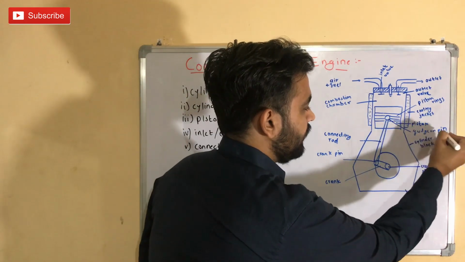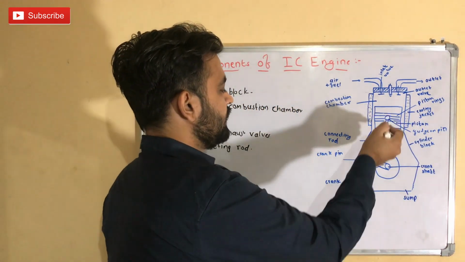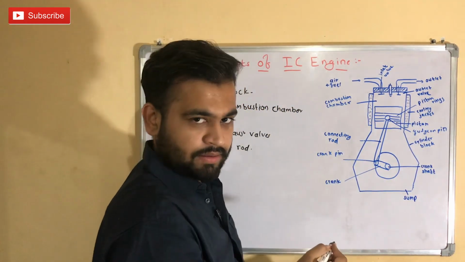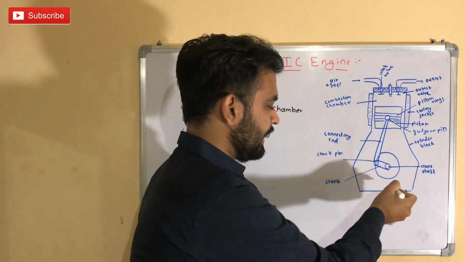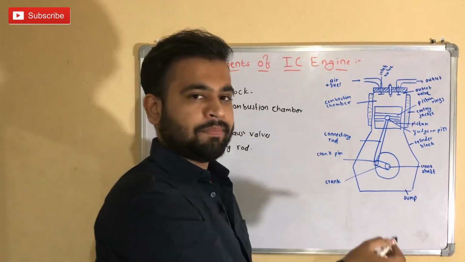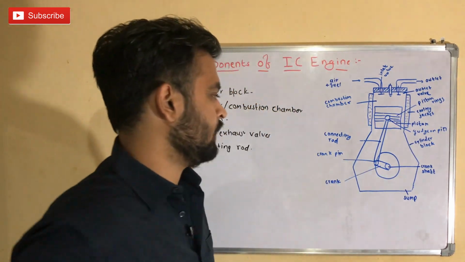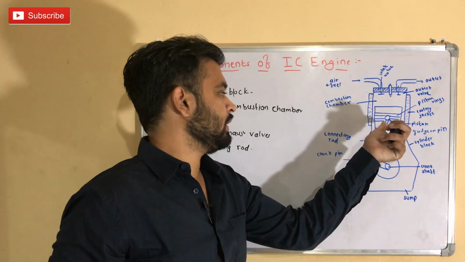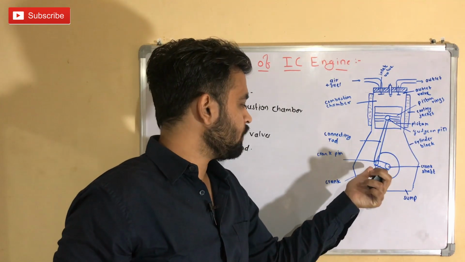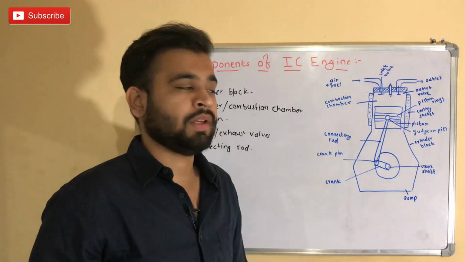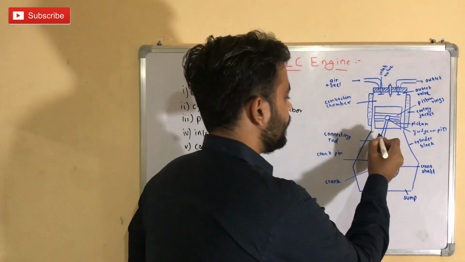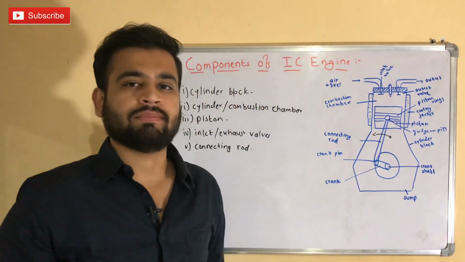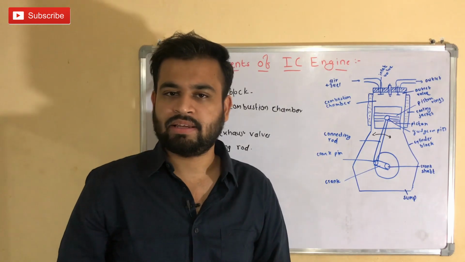This is a gudgeon pin, and the other end, which is the large end, is connected to the crank by the crank pin. This is a crank pin. The connecting rod gets input from the piston and provides output to the crank. The motion of the connecting rod is oscillatory, as we discussed in our earlier lecture.